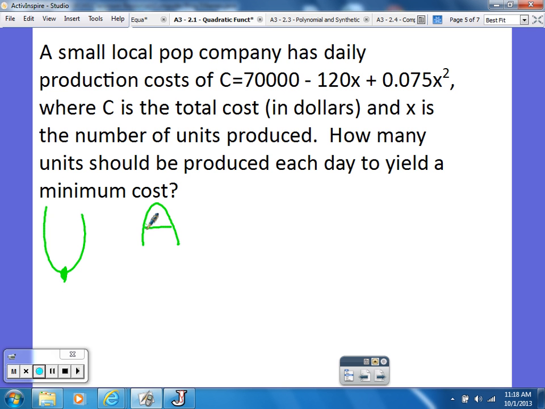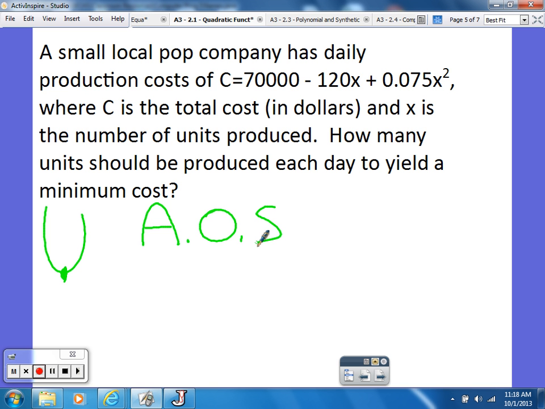The x is called the axis of symmetry. Go ahead and find the axis of symmetry. It'll give us the answer. That's it. I'm not asking for the entire vertex. I'm just asking how many units, which is the x part, right? So go ahead and use your axis of symmetry formula and find that.